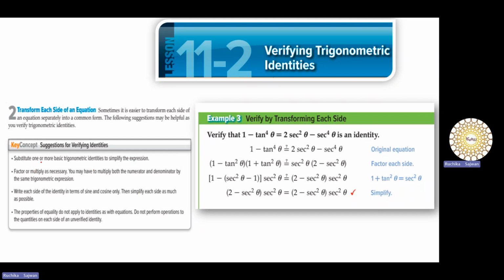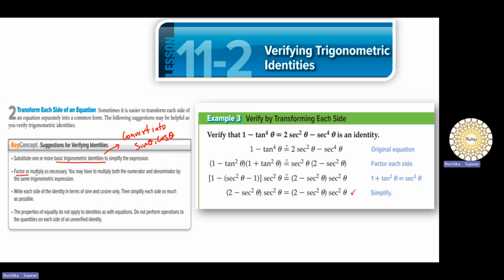First, you can substitute one or more basic trigonometric identities. That is, you try to convert everything into sine and cos. Or you use the identities you studied in lesson 11.1, like quotient identity, reciprocal identity, Pythagorean identities, and so on.